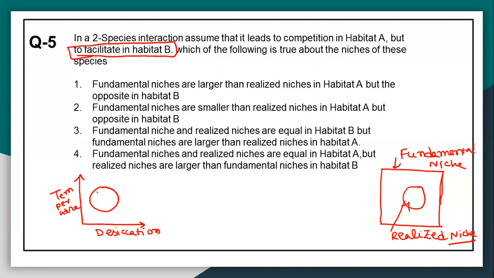Before the facilitator species, these are the fundamental niche.